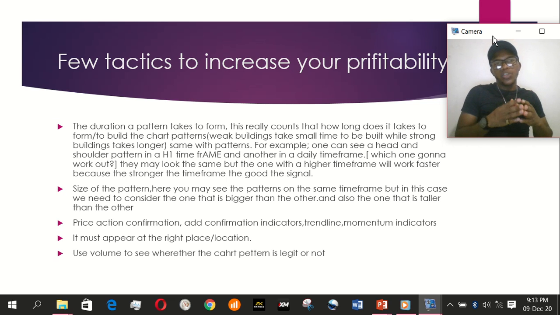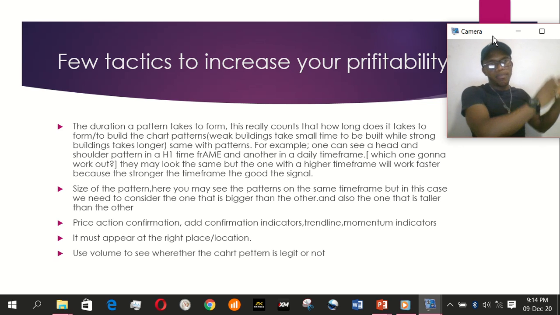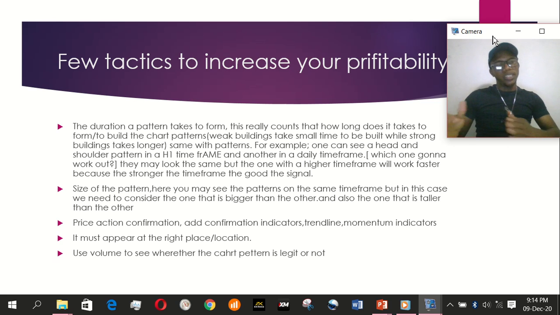Somebody may ask which one is going to be better if the two are compared. They may look the same, but the one with the higher time frame will work better, because the stronger the time frame, the better the signal. So make sure that whenever you are analyzing, you start on the bigger time frame: monthly, weekly, daily, 4 hour, 1 hour downwards.